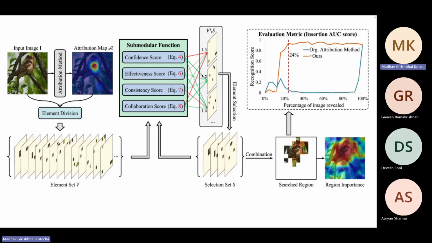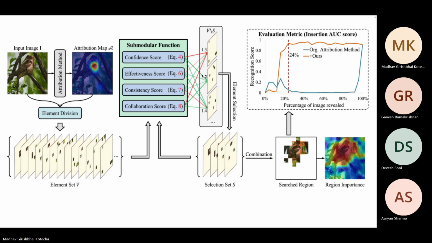If you see the graph of the original attribution map which is generated, even after revealing 90% of the image, the recognition score is quite low, reaching only 0.9 after 90%. But with this submodular subset selection method, even after revealing only 30% of the image, the score has gone up to around 85%.